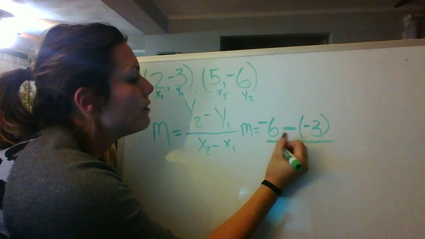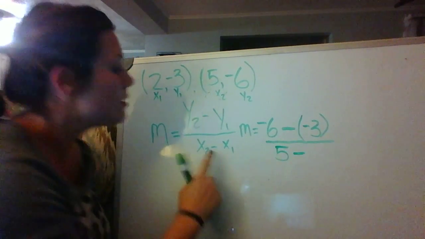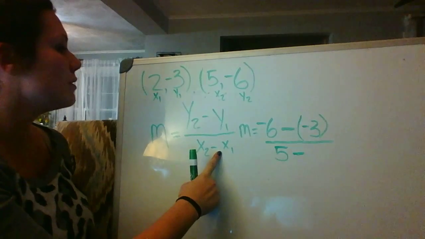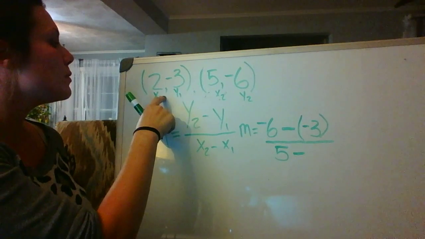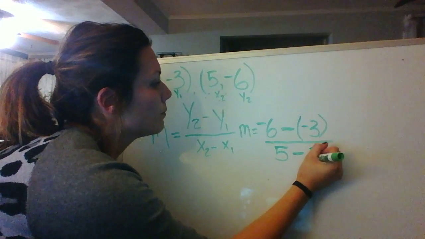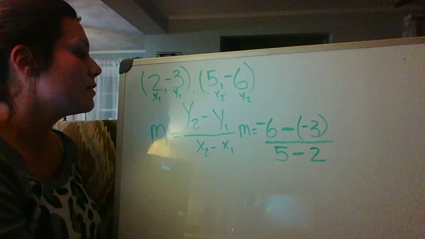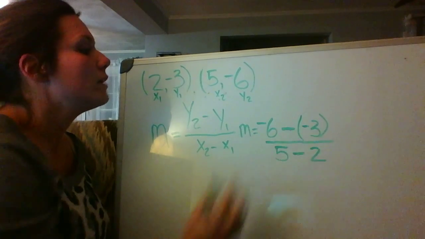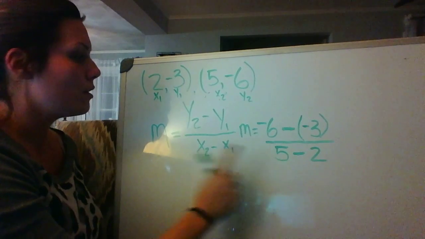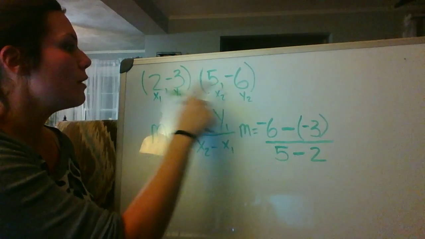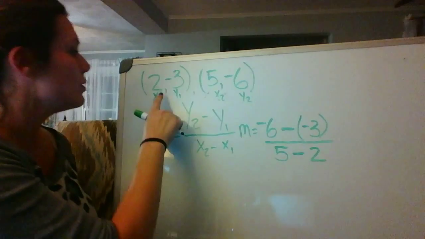So I'm going to go ahead and write 5 in the x2 spot, minus, or the subtraction sign, because that's what my formula says, minus x1. I look up, oh, here's my last point, x1 is 2. So now I have my y2, which is negative 6, minus my y1, which is negative 3, over my x2, which is 5, I found that right here, and x1, 2, which is up here.